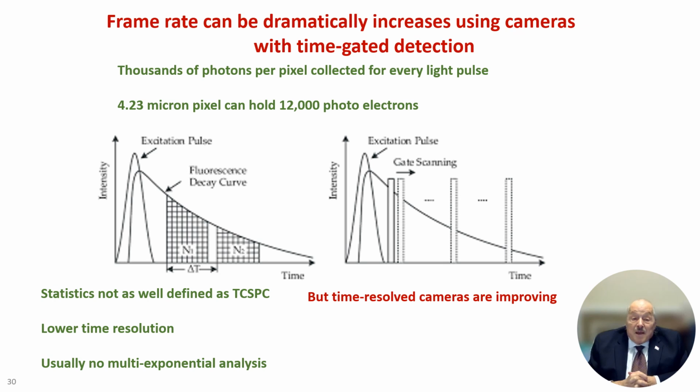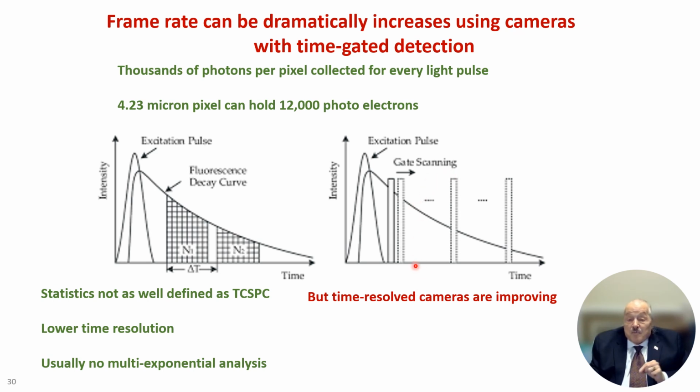It's a time-gated method. So instead of trying to count a single photon, you put in a pulse, and then you take a reading over a short period of time with your detector. This one's easy to understand at the beginning. So you have this gate.